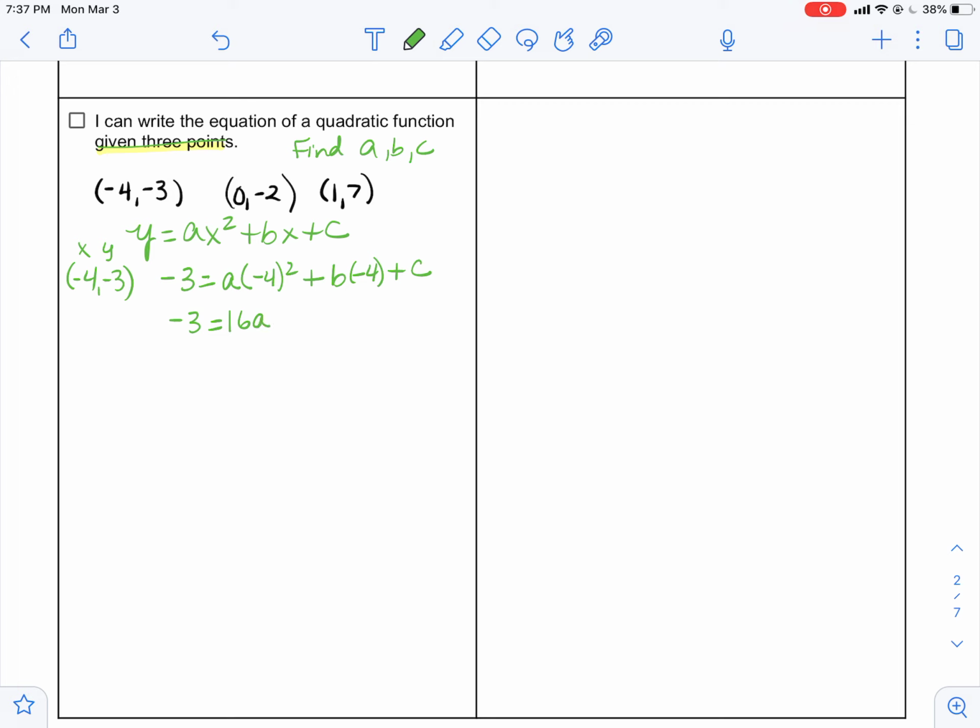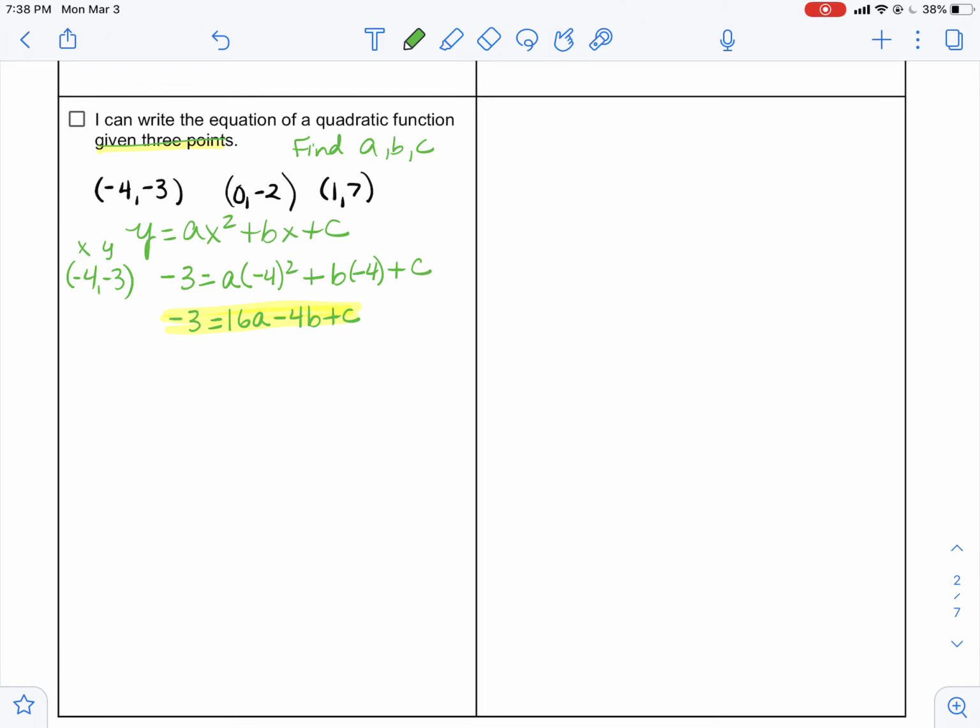So I get 16a minus 4b plus c. And that's fine too if you want to do that. I would just somehow highlight or circle or box it so that you have it. Or you could come over here to the side and do it. Or you could do it like I did in class where I kept it all together. However you want to do it, your organization is up to you.